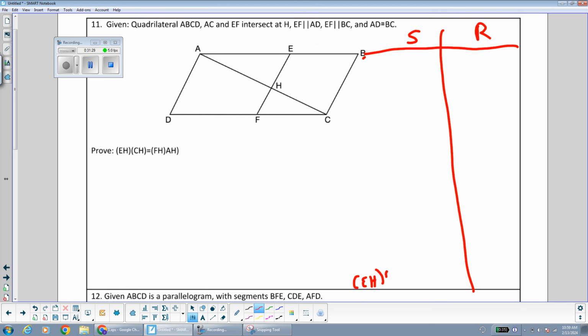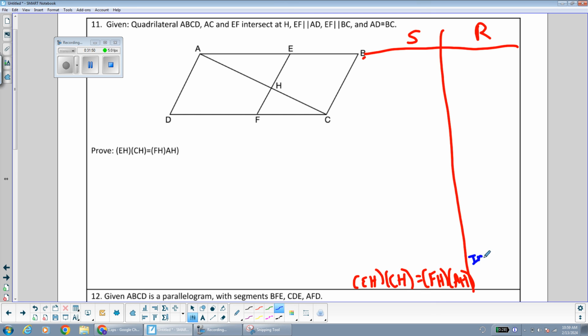So that's EH times CH is equal to FH times AH. Now remember, when we get a product like this, that means multiplication, product comes from a proportion. And when we have a proportion, we cross multiply it to get a product. So remember, we have a fancy justification for cross multiplication.